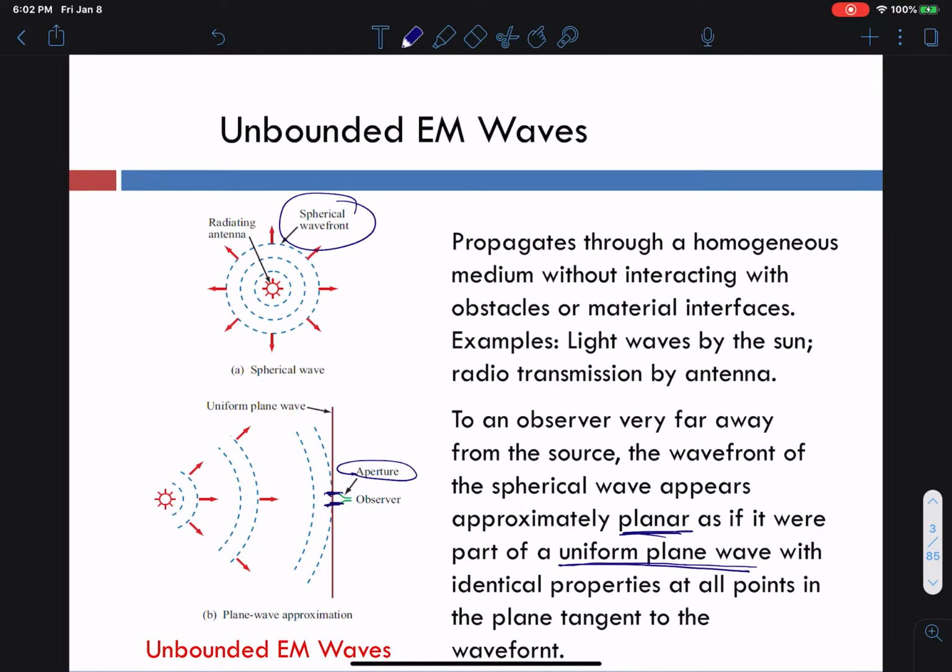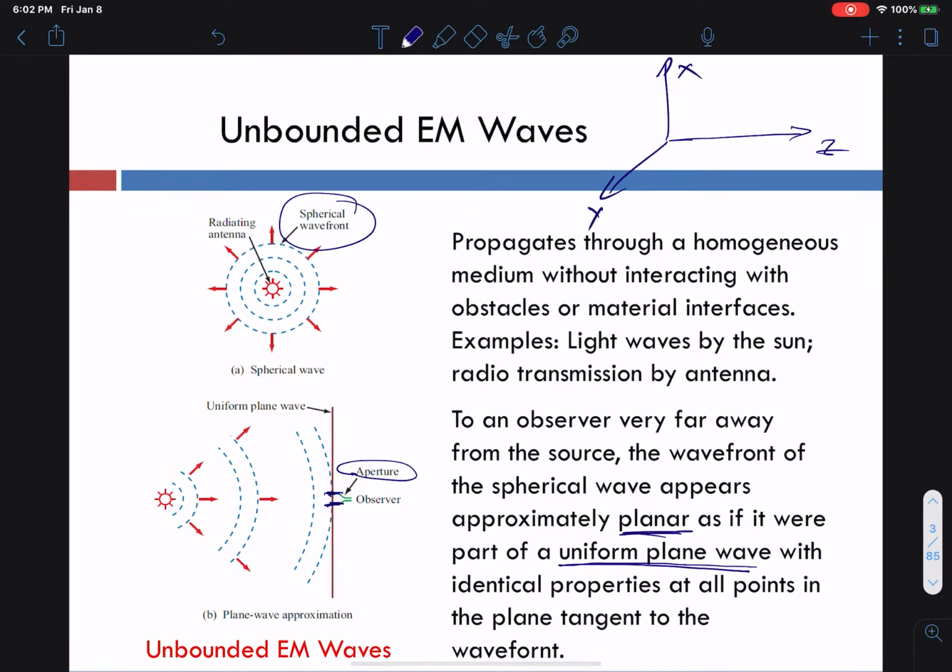What is the uniform plane wave? A uniform plane wave has the same property at every point of the plane. So, for example, if your wave is propagating in the z direction, and you have x and y here.